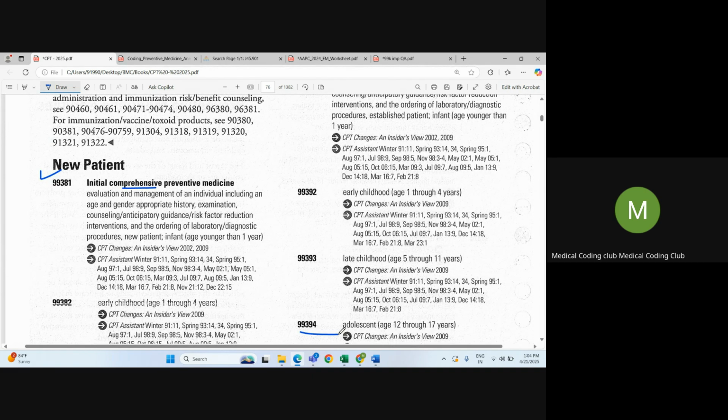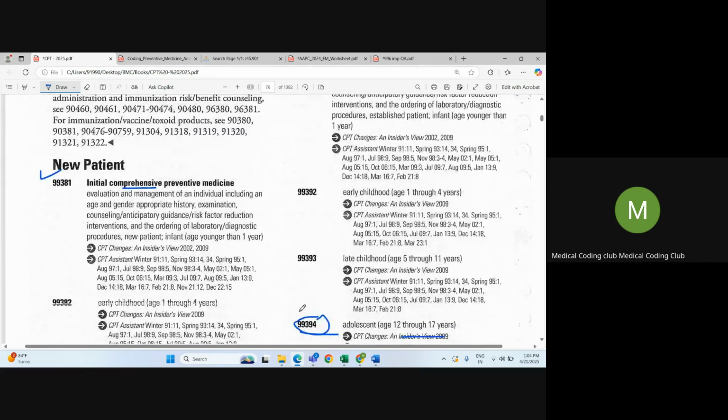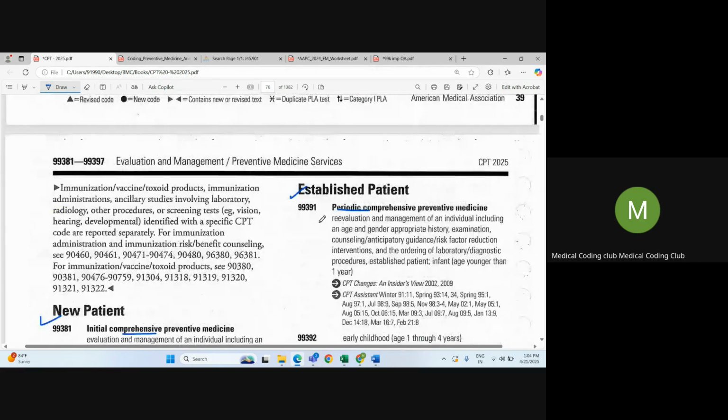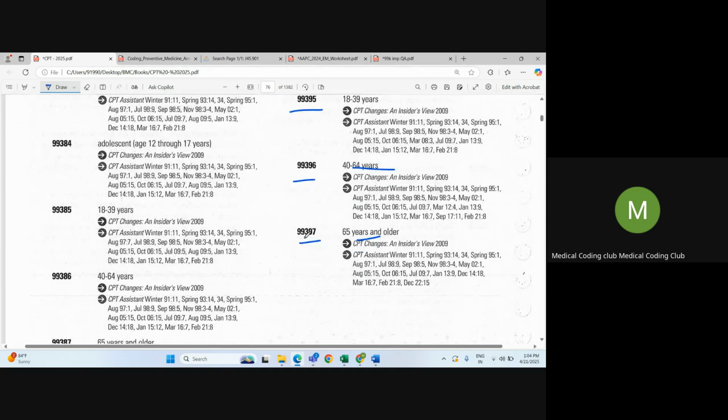For 15 years, 99394. 99394 is adolescent, age 12 through 17 years. So from 12 to 17, whatever age you get in between, you should select 99394. 99394 is for an established patient, and you can also see the codes change based on patient age. 99397 is for 65 years or older.